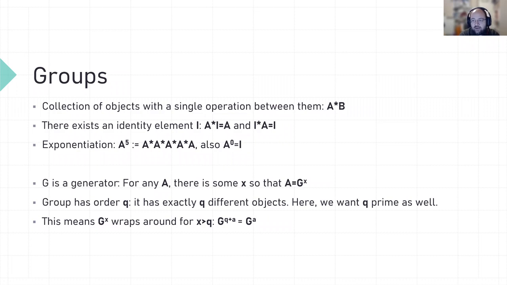So A times the identity is still A, and the identity times A is also the identity. Now, since we have multiplication, we can also have exponentiation. So A raised to the power of 5 is simply A multiplied by itself 5 times. And for convenience, we define A to the power of 0 to be the identity.